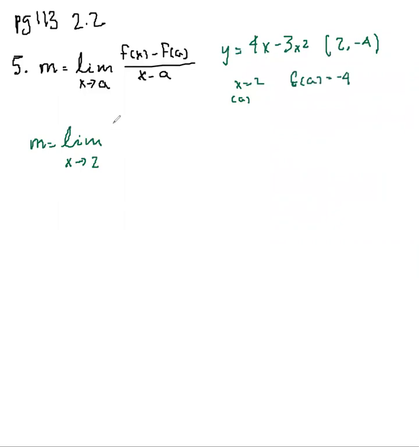And so f of x is going to be 4x minus 3x squared, minus f of a, which is negative 4, and then x minus a, which is 2. Okay, so we've got this in these terms right now.